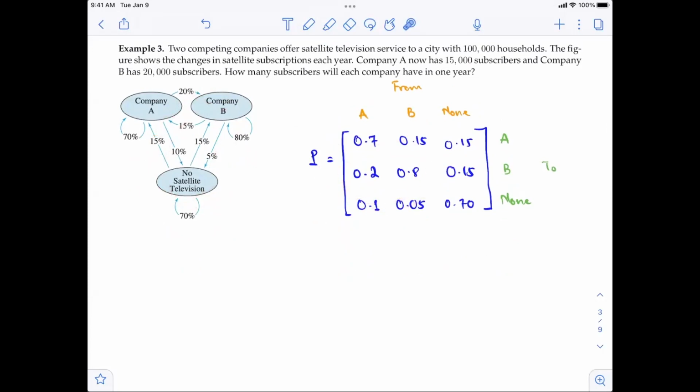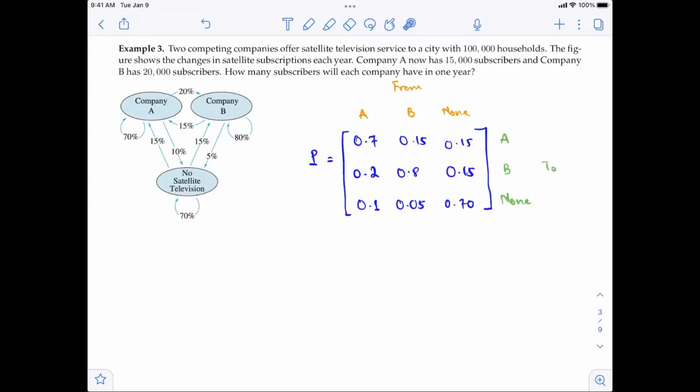Okay, now go back to the example and try to answer the question: how many subscribers will each company have in 1 year? Okay, so what we need to do is start with some information at the beginning, the initial conditions.